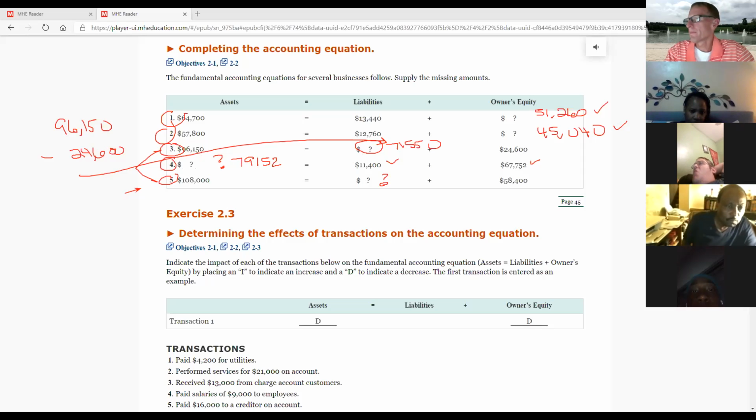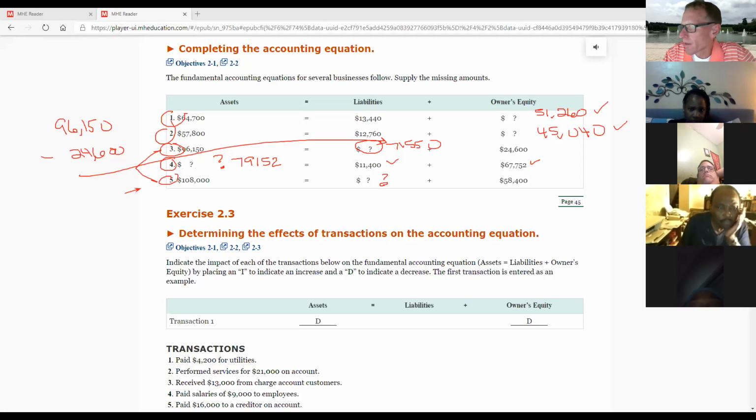So to get your equity, you would have to add the assets and the liabilities. I'm sorry, say that again. To get your what? To get your equity? Yes. Okay. So to add your assets and your liability, that's the solution to your equity, right?